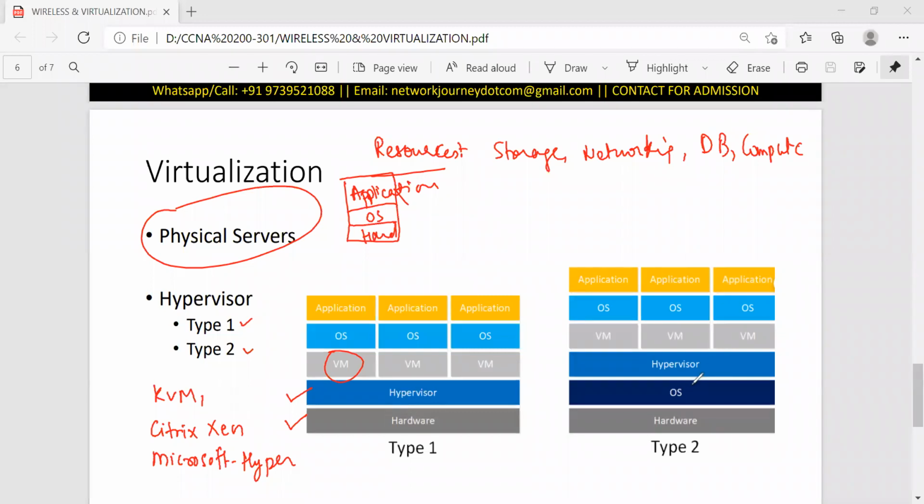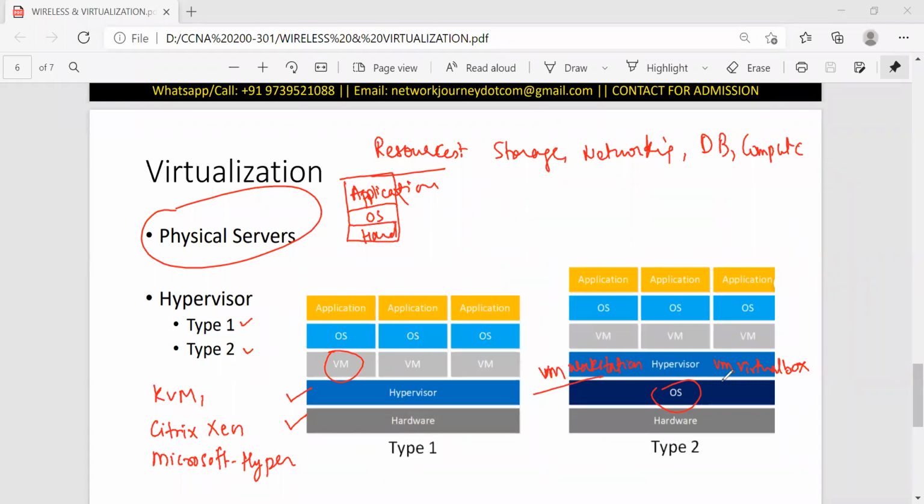Now on the type 2 hypervisor, we already have a host operating system. Let's say I am having a Windows operating system. What I have to do is download this hypervisor. In this case, the hypervisor can be your simple VM VirtualBox, a very simple one, or you can have VMware Workstation.